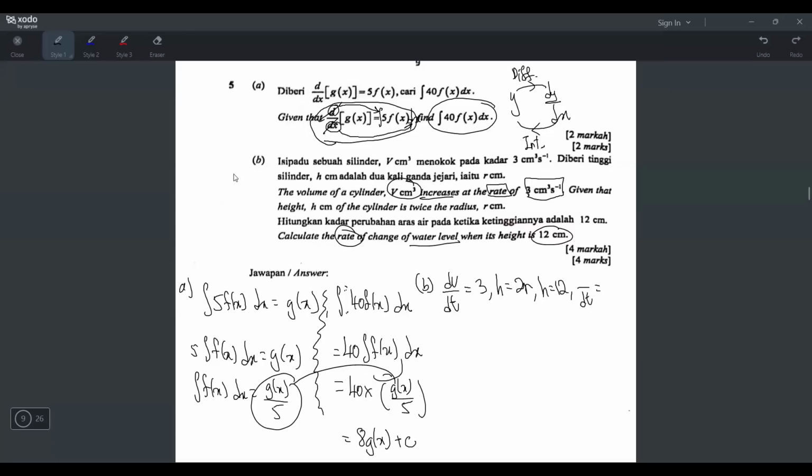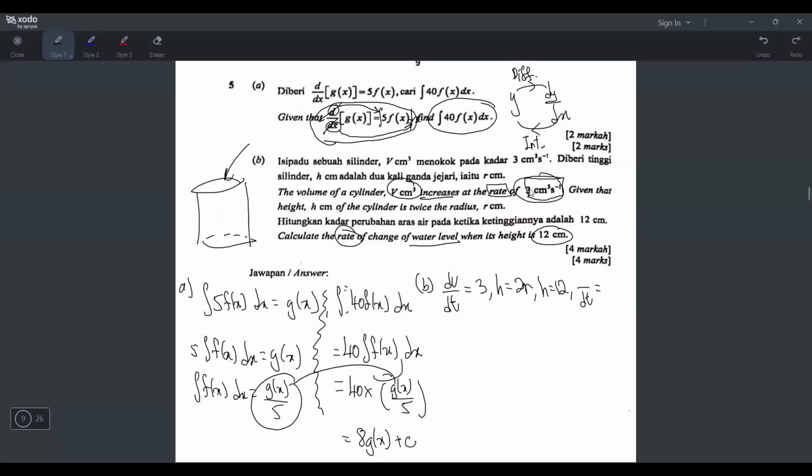I think I will draw it out now. Saya rasa saya kena lukis, sebab kalau saya lukis baru senang faham kan. So it is talking about cylinder. So let's just draw a cylinder. So what happens to this cylinder? The volume of cylinder increases at a rate of 3 cm cube. It means there's water going in, and every second the volume of water is increasing. Satu saat dia sudah increase 3 cm cube.